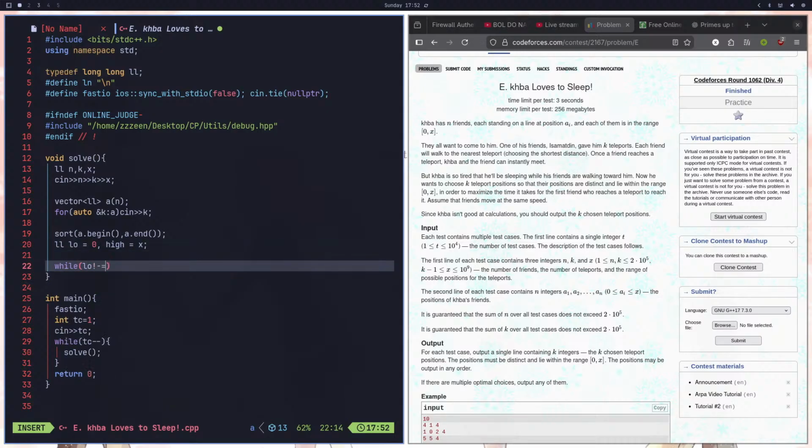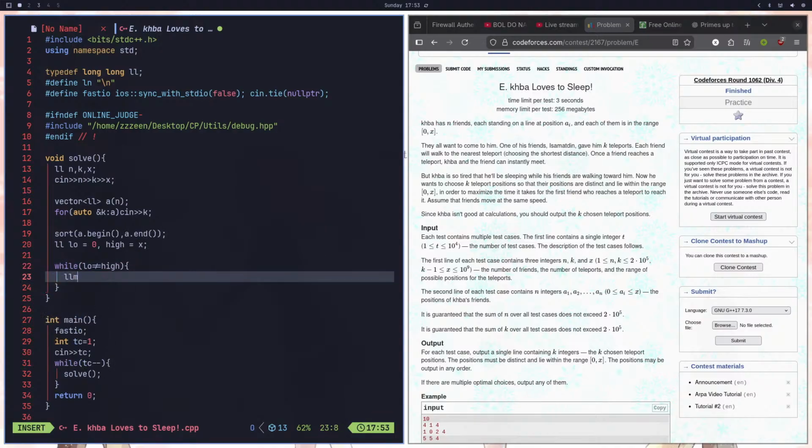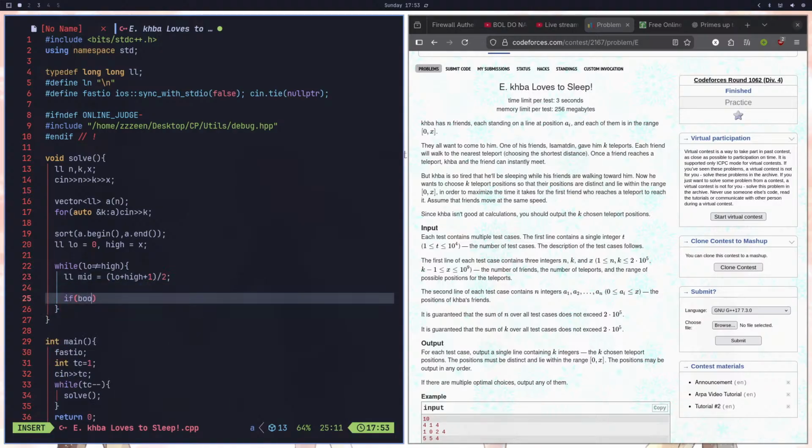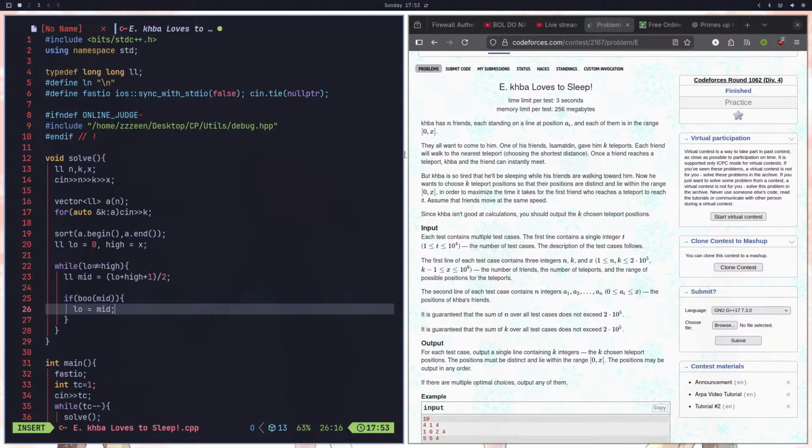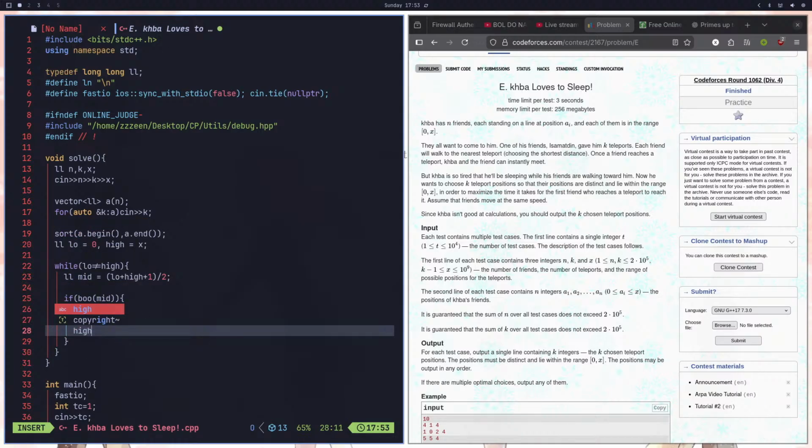While low not equal to high, mid equal to low plus high plus 1 by 2. If low mid, low equal to mid, else high equal to mid minus 1.